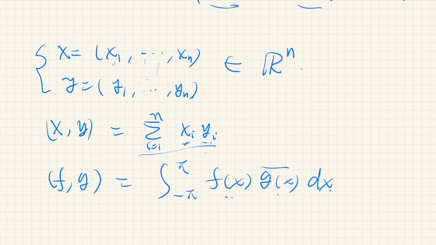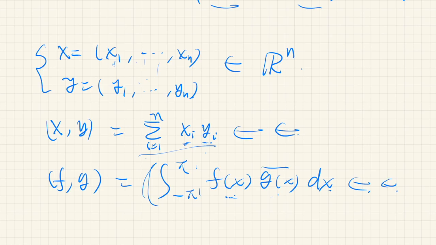Here we take the product between functional values at each point within this range of integration, then integrate. Integration is just a sum in essence, so they are basically the same thing. The only essential difference is that this is finite and this is infinite.